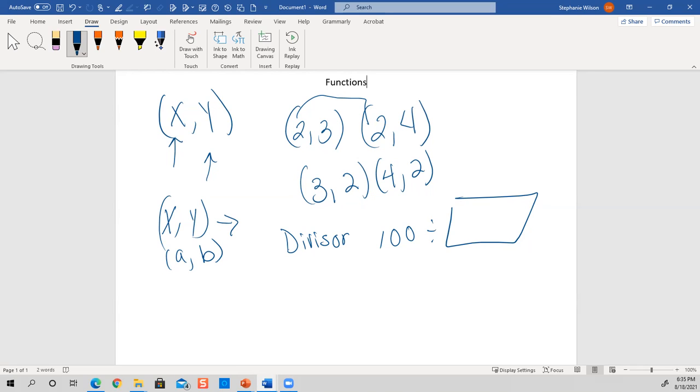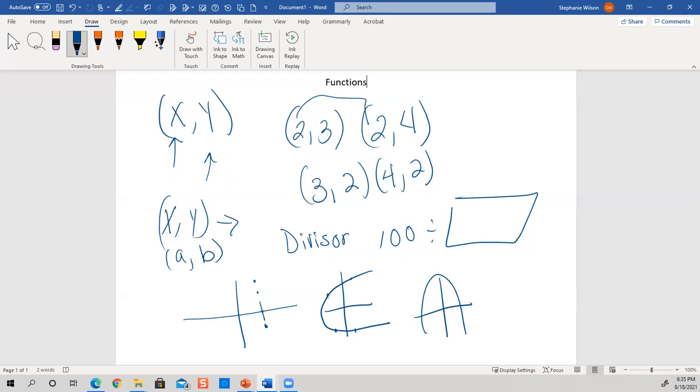So basically, in order for us to have a function when I plot it on the graph, I cannot have a repeated x value and it be a function. Neither one of these are functions because we have repeated x values here, here, here, here, here.